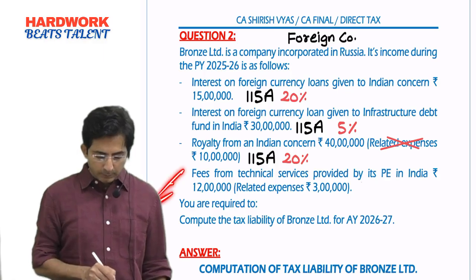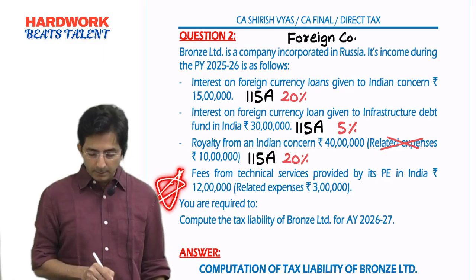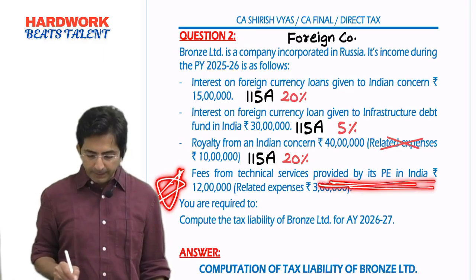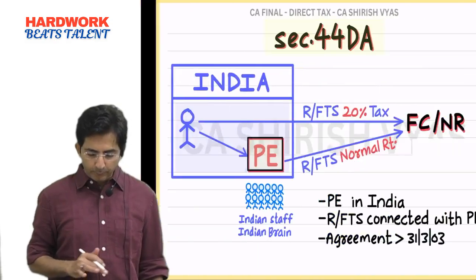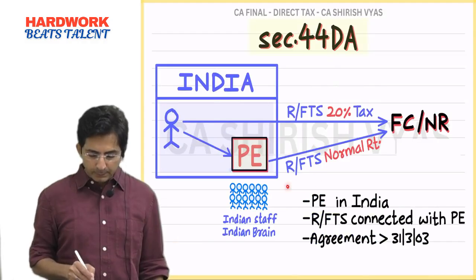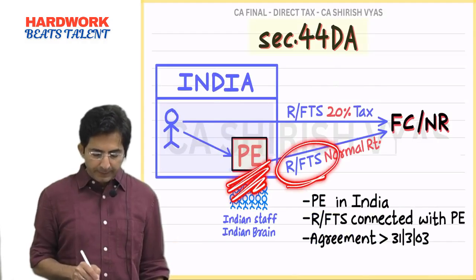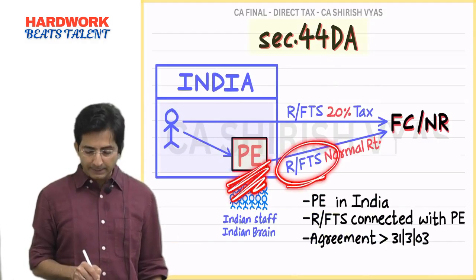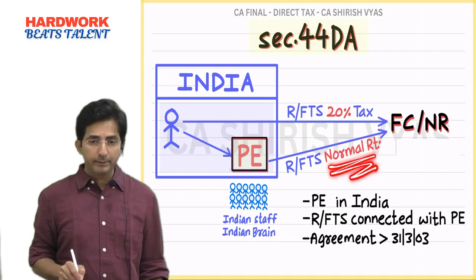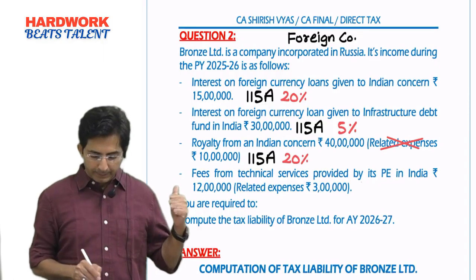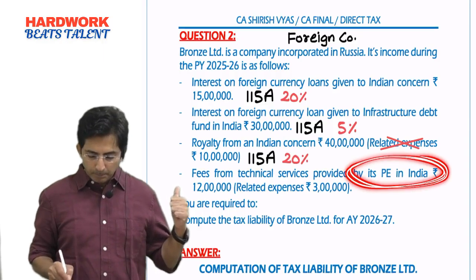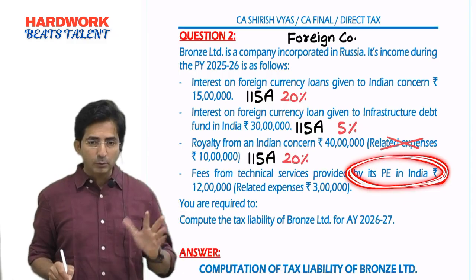Then there is one more thing, fees for technical service. But here it is provided by the PE in India. If you remember, if royalty and FTS is routed through a PE in India, then the tax will be at normal rate.